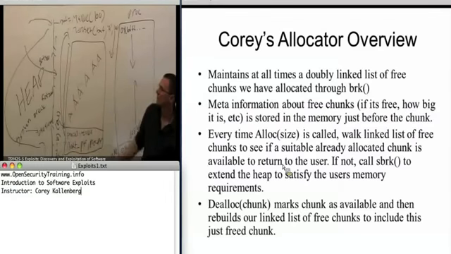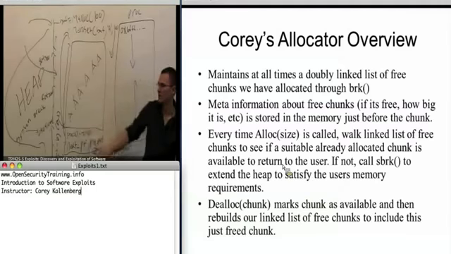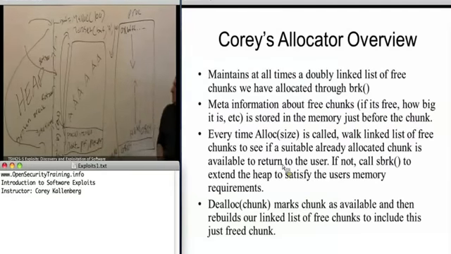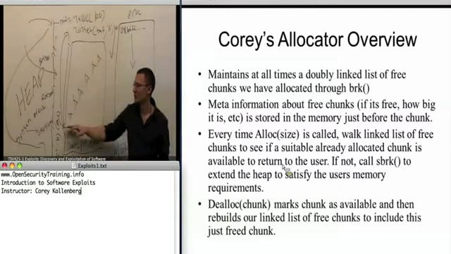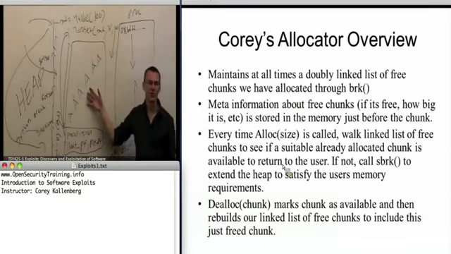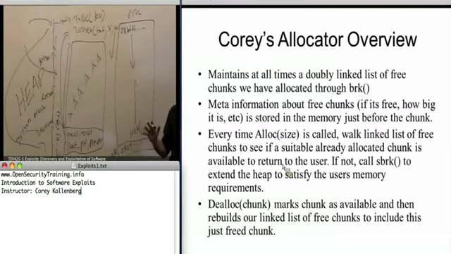Obviously I'm not returning a pointer to the chunk meta information, or else when you used that data, you would overwrite your own chunk meta information and calamity would ensue. So the allocator is smart enough to increase the pointer a little bit so that the pointer returned to the process is pointing into this user writable region of the chunk. You guys got that? I know this part's a little bit crazy. And more and more.